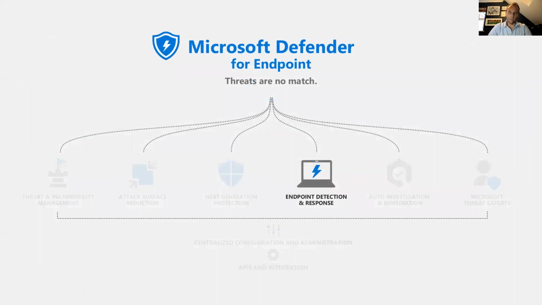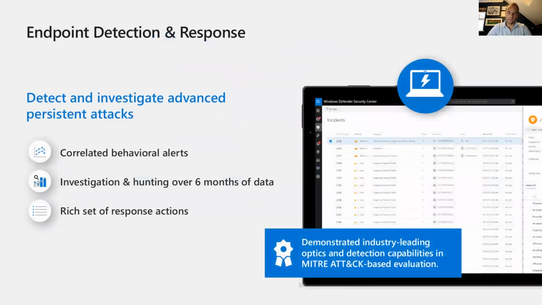But then moving on to endpoint detection and response. Say it opens a file, there are tasks starting to happen, there's anomalous behavior, so it wasn't stopped at the first gate with the AV component. This is where the endpoint detection and response capabilities will kick in, look at some of those unusual behaviors happening on the endpoint, and start to push those alerts into the Defender for Endpoint environment.